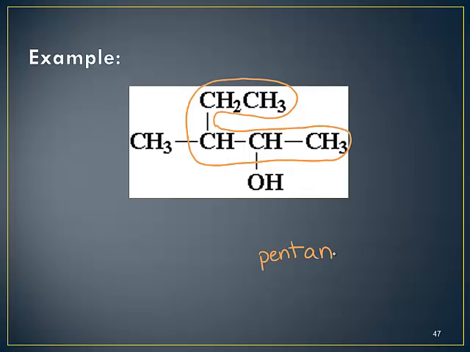Now let's deal with the part that we actually know about already, and that is looking at how to number the carbon chain. When we had alkenes, the double bond was the most important group, so we had to number it to give it the lowest possible number. When it was the alkynes, the triple bond was the most important group, so we had to number the chain so that it had the lowest possible number.